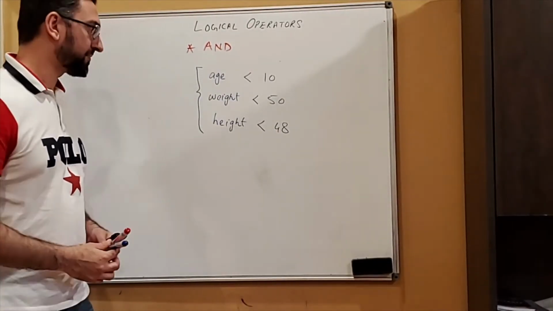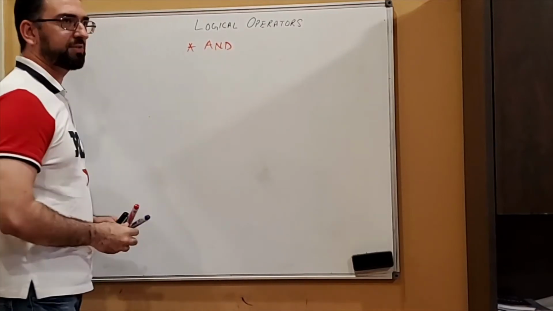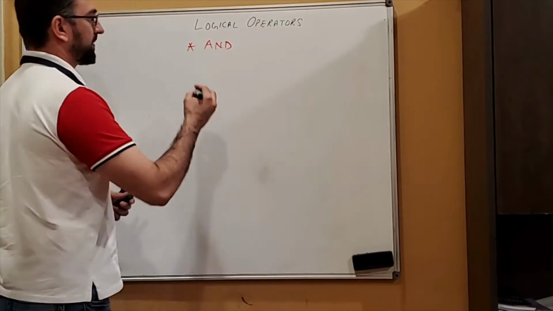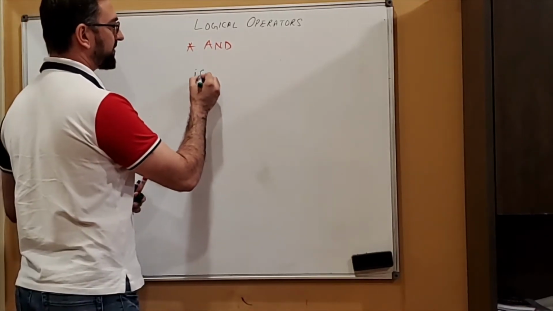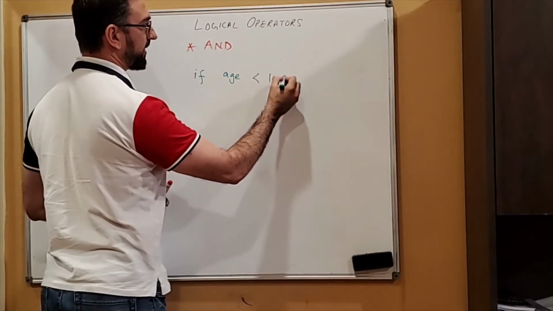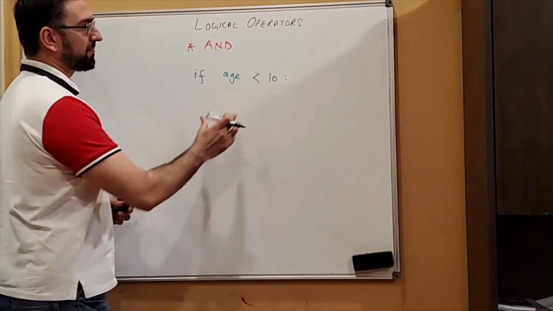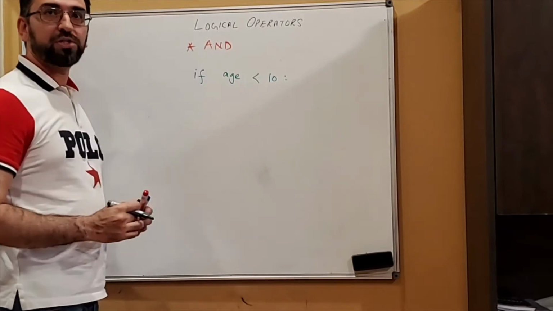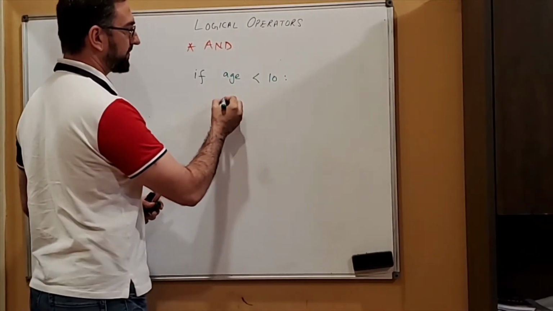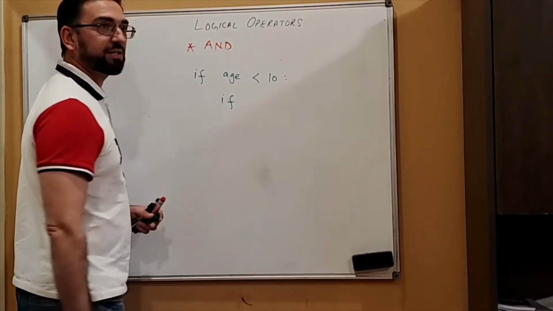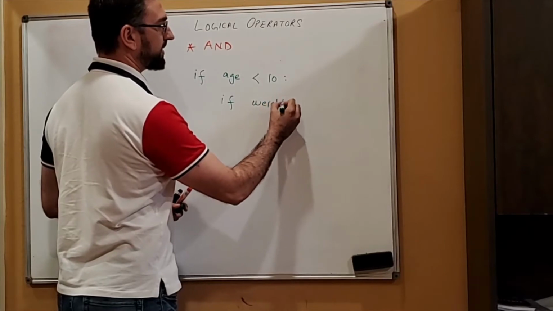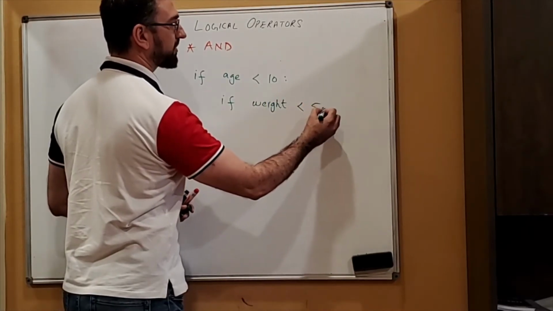So based on these three criteria, we can determine who can and cannot ride the roller coaster, which is really meant for kids. And let's suppose we don't have these logical operators available. How are we going to write this situation? We will have an if statement which says age is less than 10, right? But this is not the only criteria we're checking. If this criteria is met, we will go ahead and check the next criteria, which says weight is less than 50 pounds.